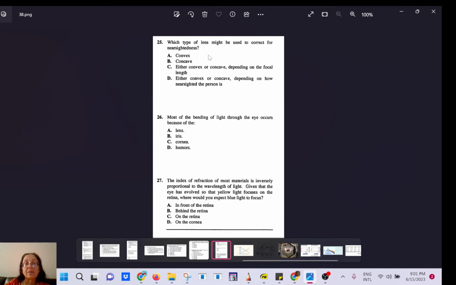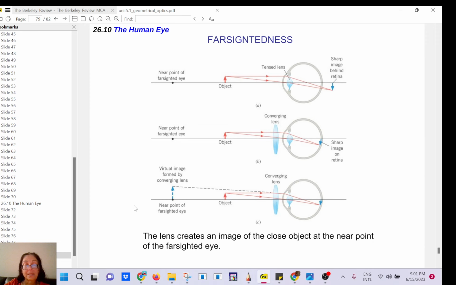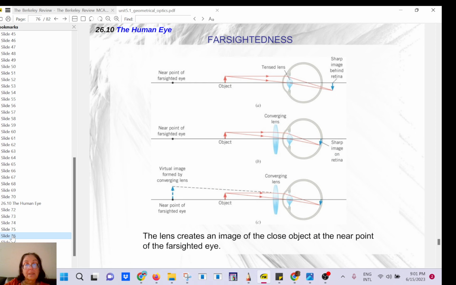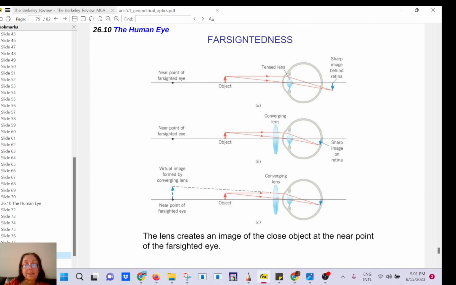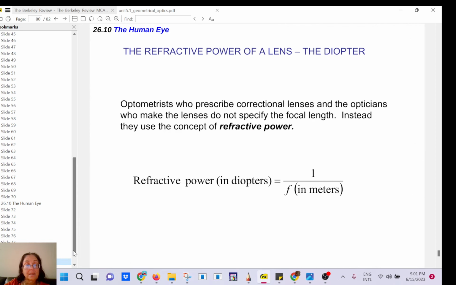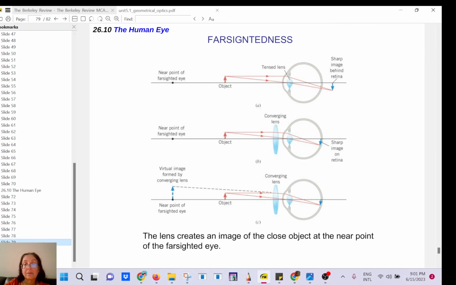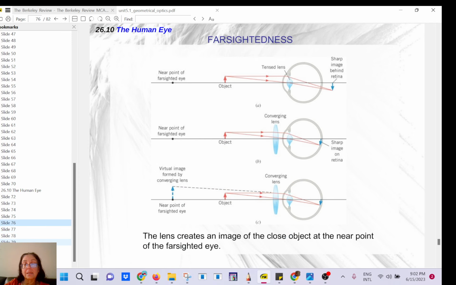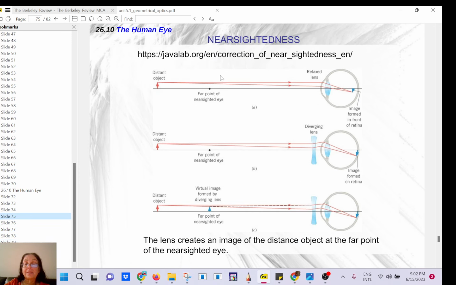So number 25, nearsightedness. So what's nearsightedness? It's just the opposite of farsightedness. Nearsightedness is when you can see something close, but not something far. That will be myopia.